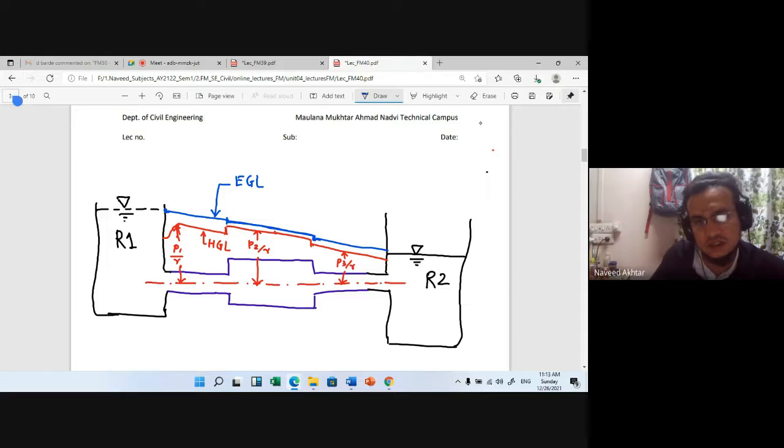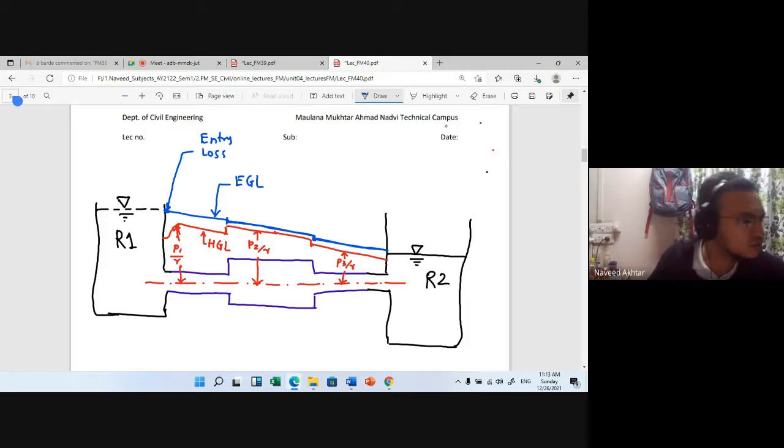It is always reducing. Okay. So here some small loss is there, and this loss, if I write it down here, is the entry loss. It is nothing but entry loss.